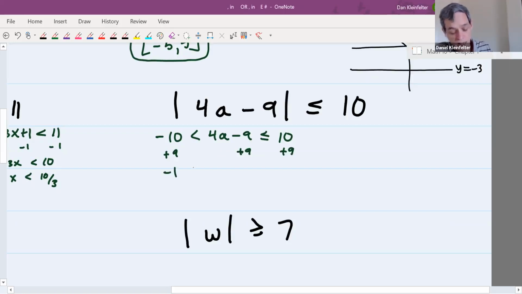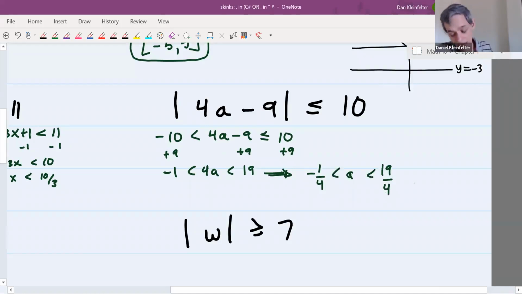So this will give us negative 1 is less than 4a is less than 19. And then dividing through by 4, we'll get negative 1/4 less than a less than 19 over 4. Okay, and then in interval notation, negative 1/4 up to 19/4.